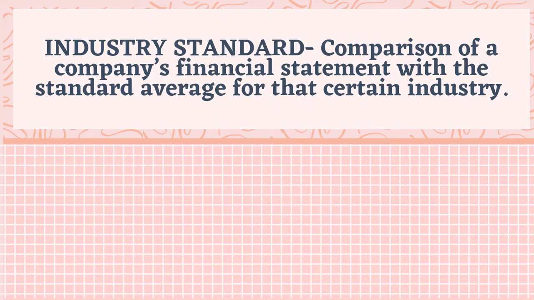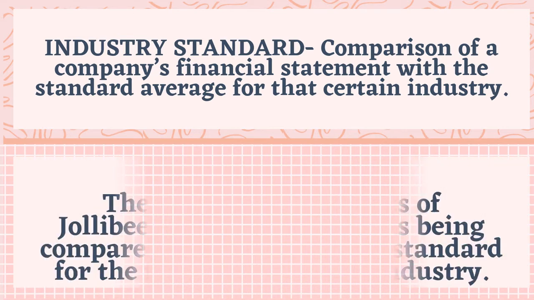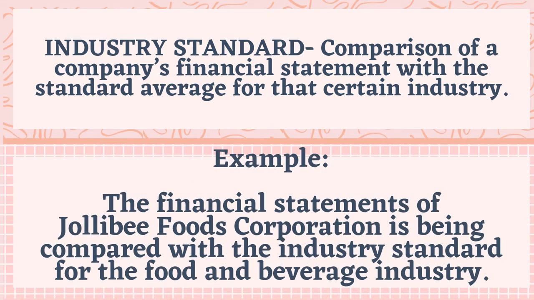Lastly, industry standard. In an open market industry where there are many players involved, it would be more prudent for some to compare their company's financial statement with the standard average for that certain industry. Example, the financial statements of Jollibee Foods Corporation is being compared with the industry standard for the food and beverage industry.